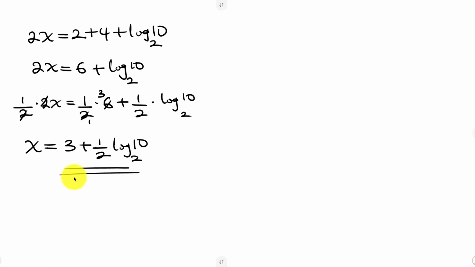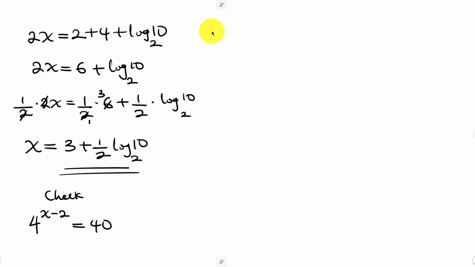Now let's check if our value of x is correct. Now remember that the given question is 4 to the power of x minus 2 equal to 40. Now we're going to be plugging this in our original expression to see if we're going to be having 40 as a result. Now on the left hand side, that is what we're going to be focused on.